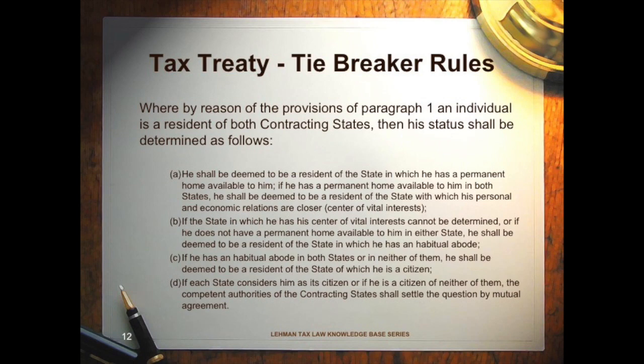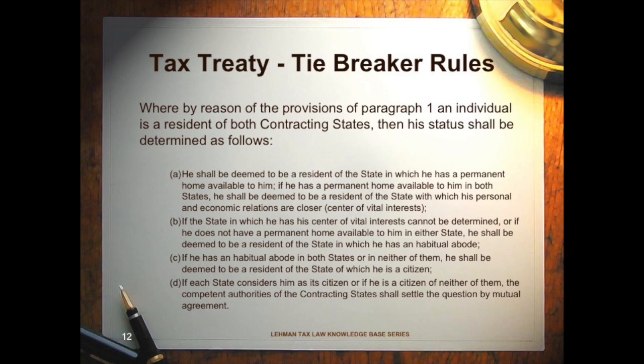And the way the tax treaties work is to basically have what they call a series of tiebreaker rules, which is, first, where is the taxpayer's home?